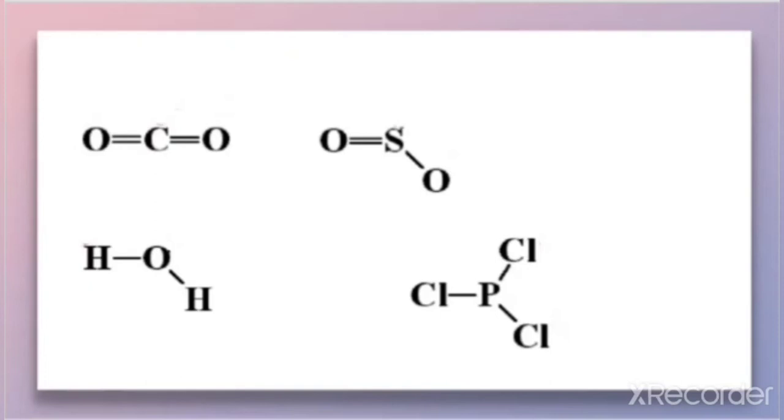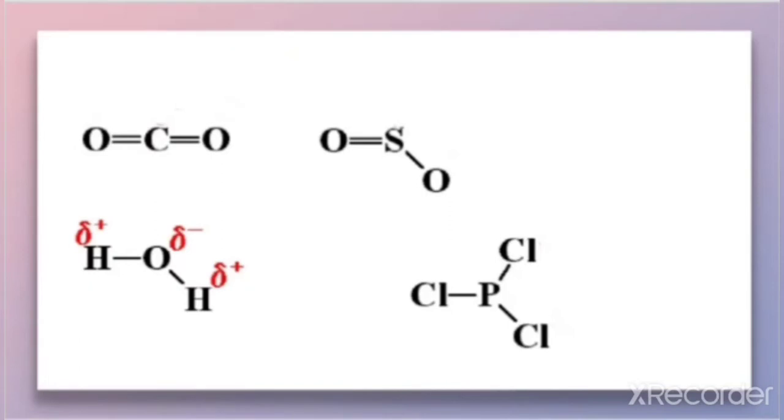Definitely, oxygen is more electronegative. I told you, to compare electronegativity of different atoms, the one further to the right of the periodic table and further to the top will be more electronegative. So oxygen develops a partial negative charge and hydrogen develops a partial positive charge. This is the correct representation.